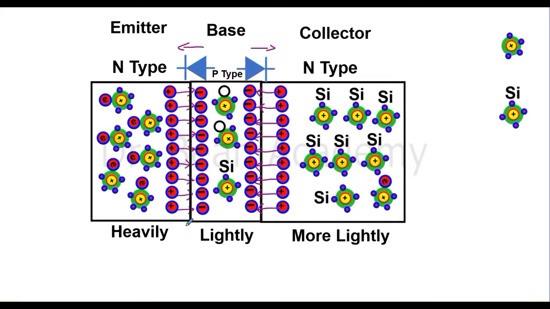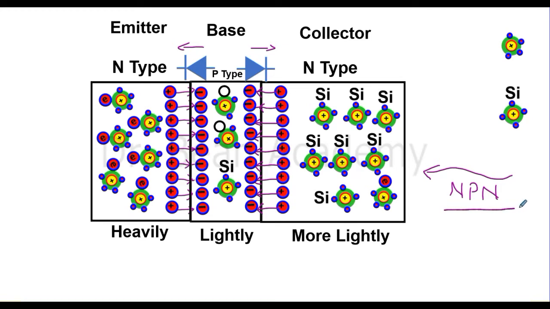That's why we have two junctions. On the left side I have N-type, then I have sandwiched P-type semiconductor in the middle, and then I have put another N-type on the right side. That's why we call this type of transistor an NPN transistor, because P-type semiconductor is sandwiched between two N-type semiconductors.